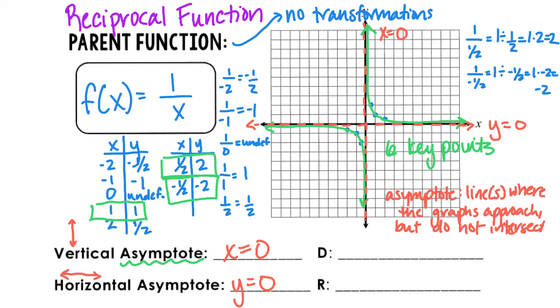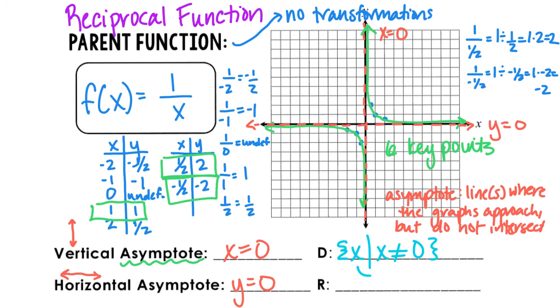We can write that as all real numbers other than x equals 0. We can write that as x does not equal 0. But the way that you will most likely see this on the EOC would be all x's such that x does not equal 0.